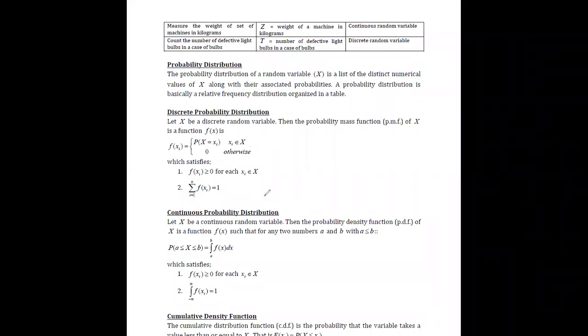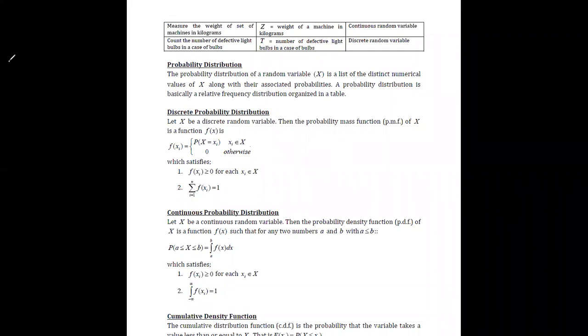For a discrete probability distribution, we defined a probability mass function, abbreviated as PMF, but for the continuous probability distribution, we have to define the probability density function, which is abbreviated as PDF. This is also denoted by f(x), and it gives the probability of being in the region between A and B. It is generally calculated using integration.